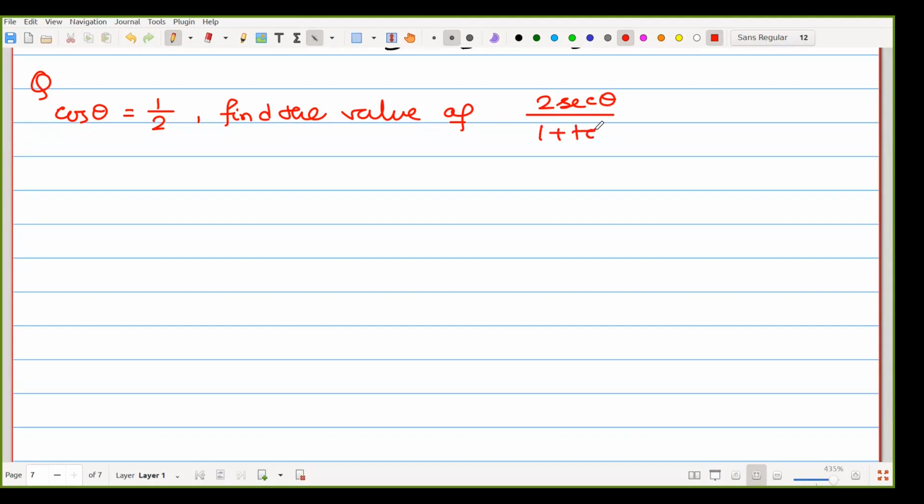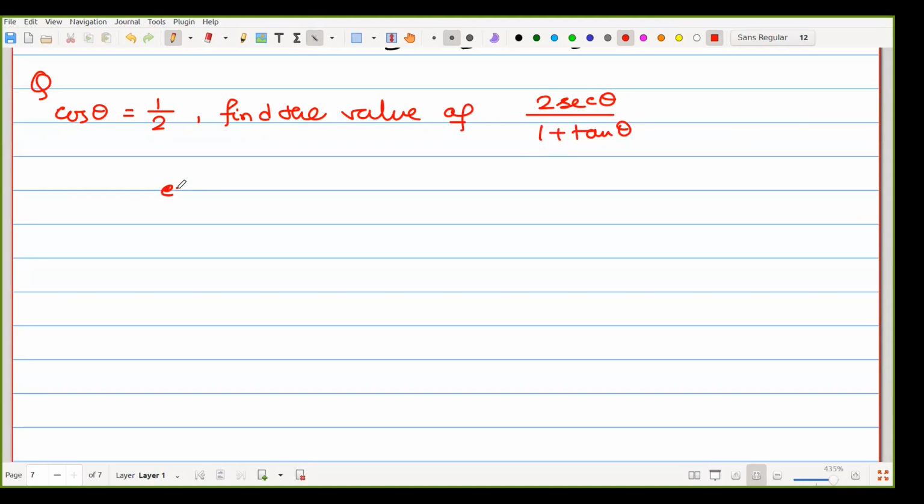Same as given, cos theta is equal to half. Find the value of 2 sec theta divided by 1 plus tan theta.